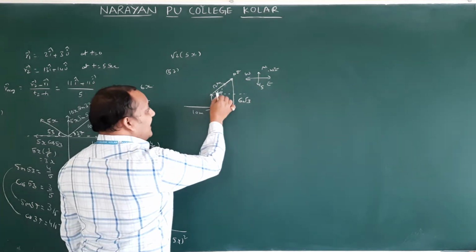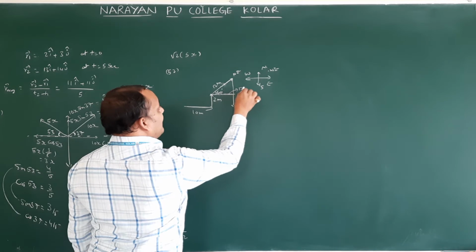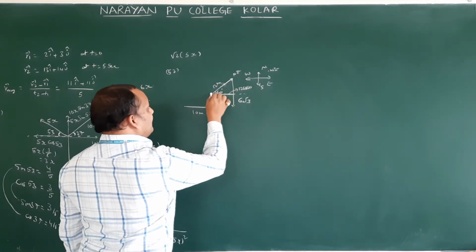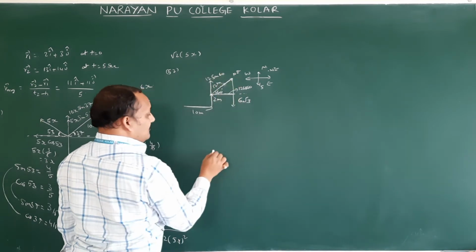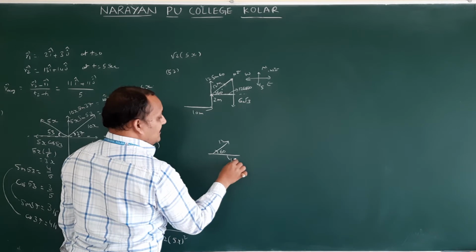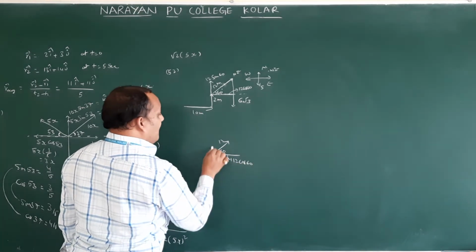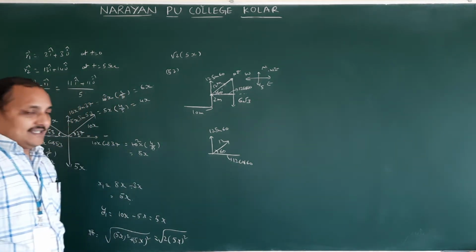It is making 60 degrees here. Therefore, this one is going to become 12 cos 60, and this one is going to become 12 sin 60.